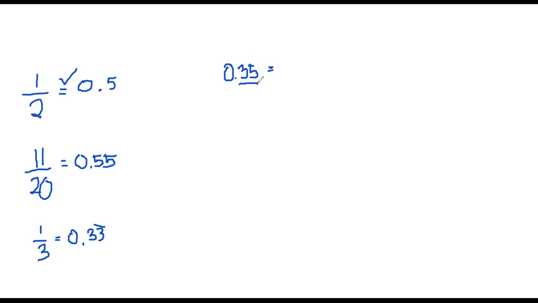Is that tens or hundreds? Buong 35, ano siya? Hundreds. Kasi dalawang place value siya. So kapag dalawang place value, that is hundreds. So kung hundreds siya, lalagyan natin ng 100 dito sa ibaba. Then sa taas, syempre yung 35.